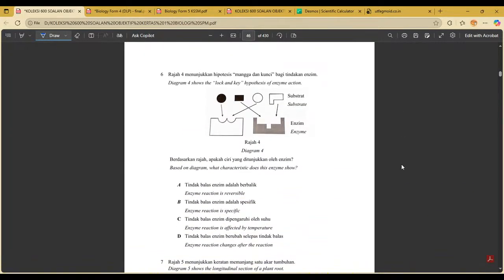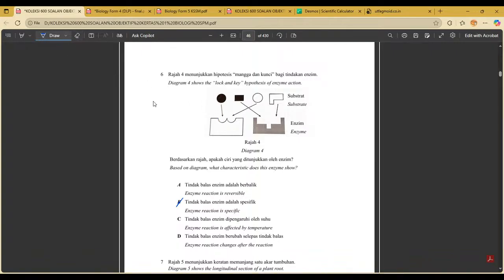Diagram 4 shows the lock and key hypothesis of enzyme action. Based on the diagram, what characteristic does this enzyme show? Okay, this is definitely specific action of enzymes, because of the shapes.